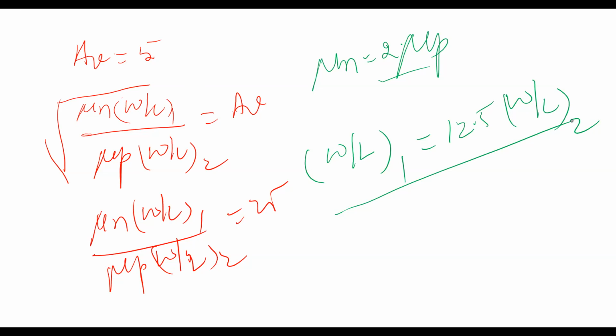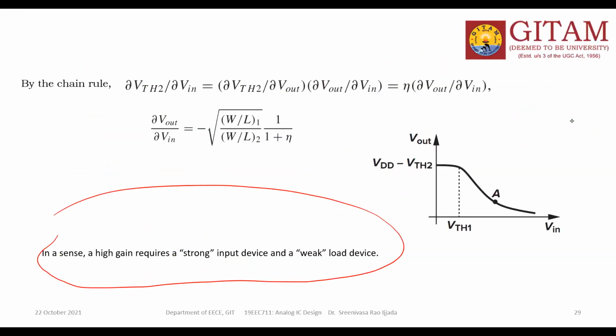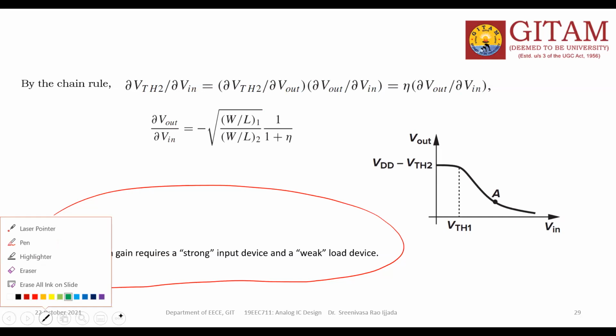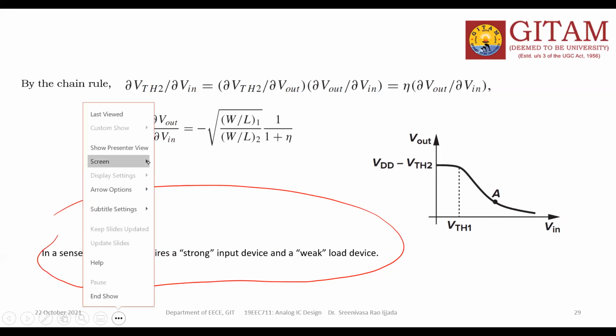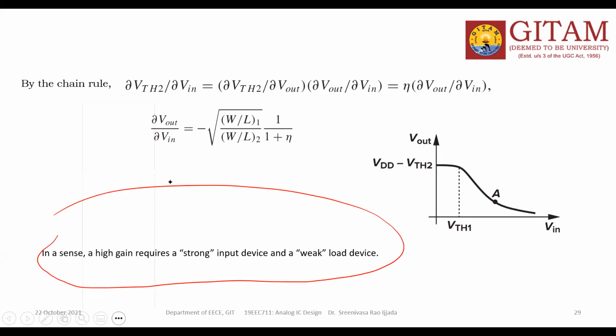Next one. Suppose it is a PMOS, the same circuit you consider, then what happens? In the PMOS load case, ID1 is equal to ID2. Of course, for the PMOS you should write the mod because we don't know the magnitude.